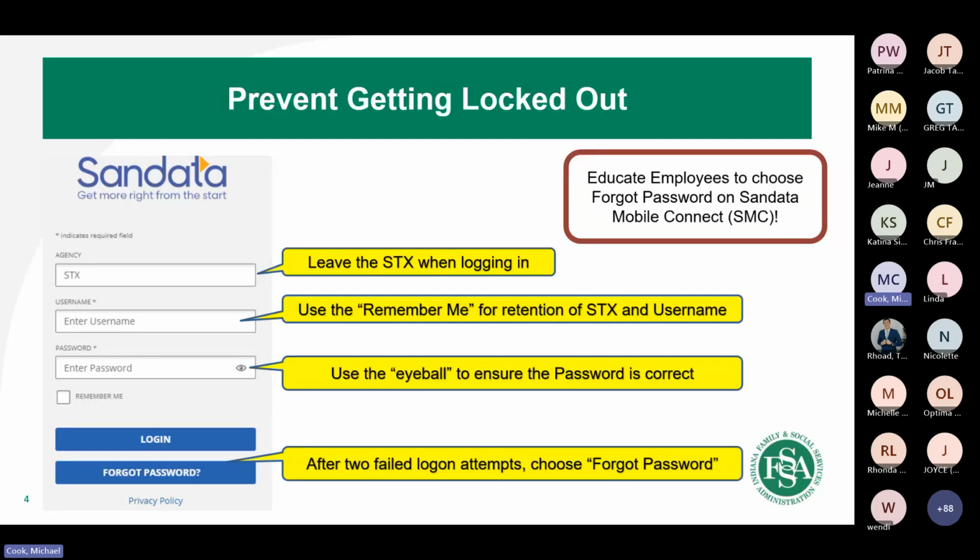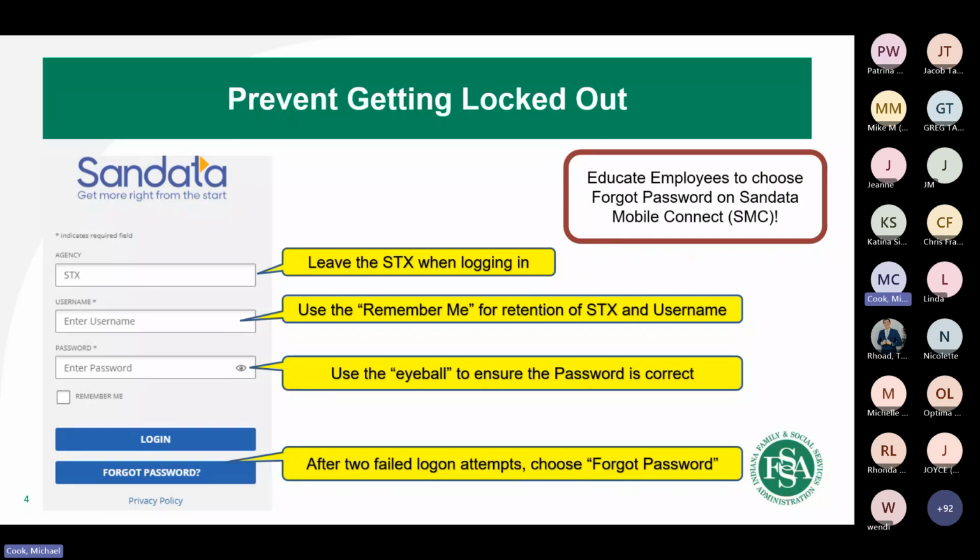Otherwise, you keep that blank if you're a third-party EVV vendor user, or if you're just logging into the SAN data aggregator. You'll want to use the Remember Me feature for retention of both the STX number as well as your username. And we also remind providers to use the eyeball feature to ensure that your password is correct.